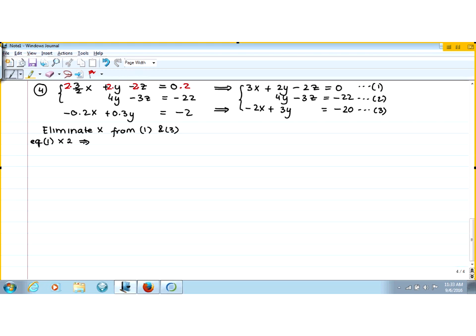Okay. So I'm just going to do it really slowly. I'm going to multiply each one of these by 2. So 6x plus 4y minus 4z is 0.